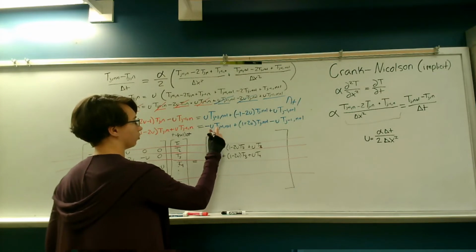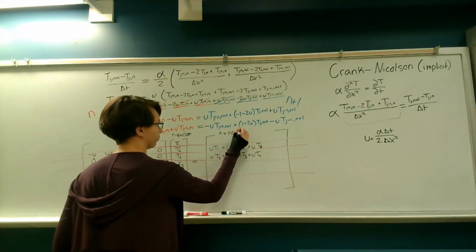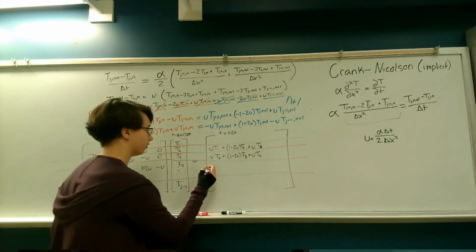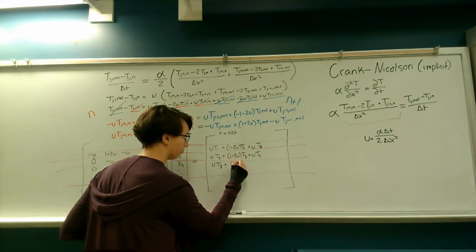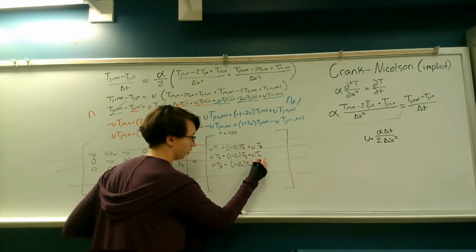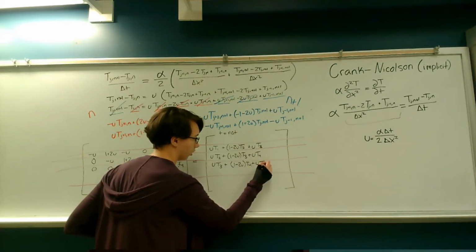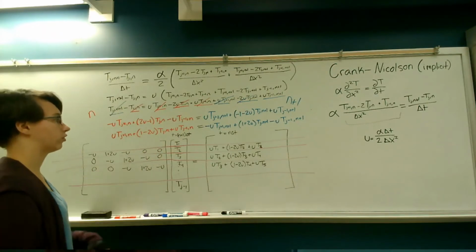And all of these ones are going to be at temperature equal to m delta T. So then again for 4, we've got u at T3 plus 1 minus 2u T4 plus u at T5.